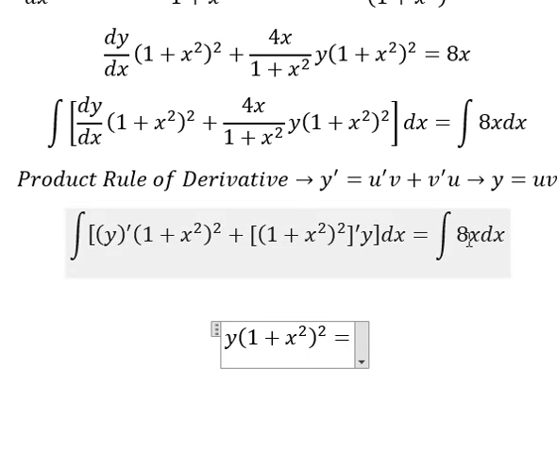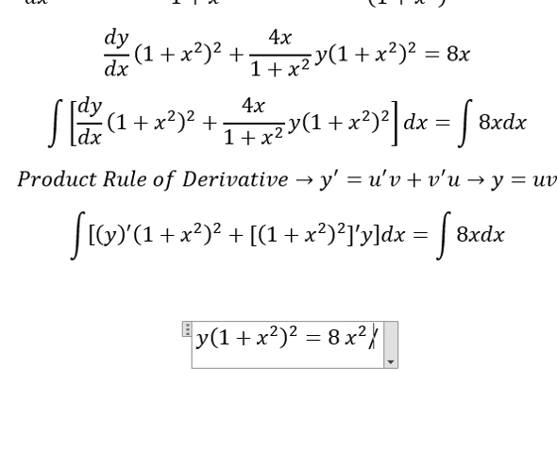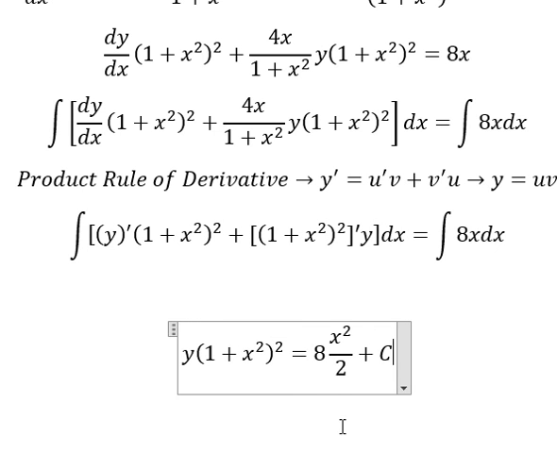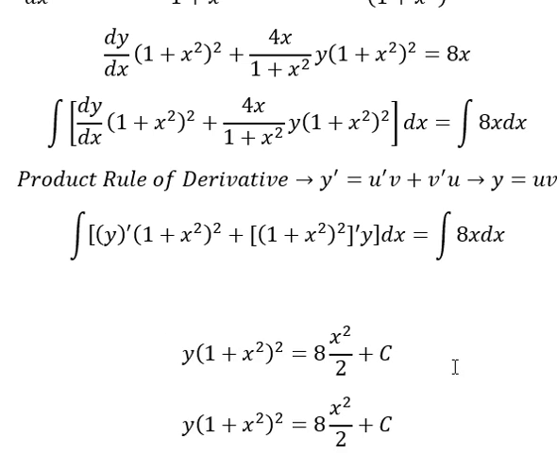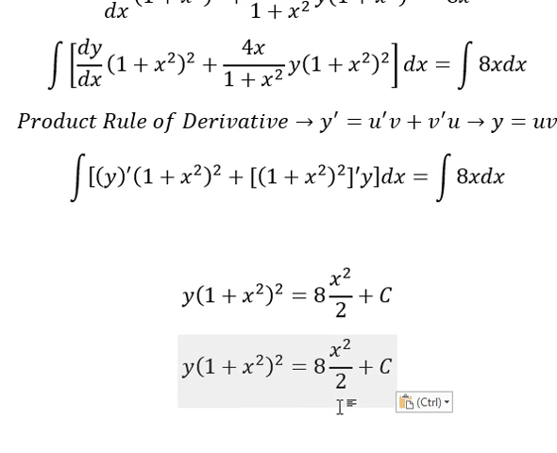The integral of 8s, you get 8 multiplied by s squared over 2, and we add c. So 8 divided by 2, you get 4.